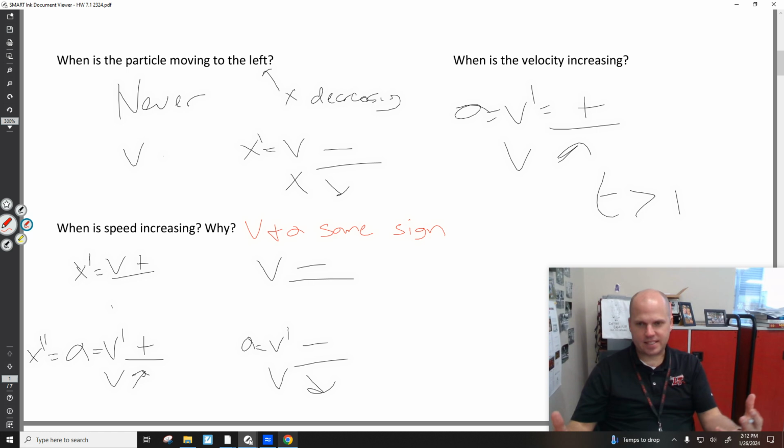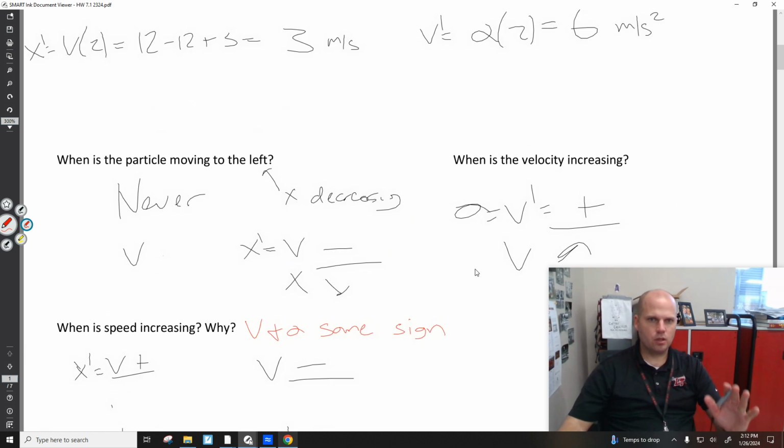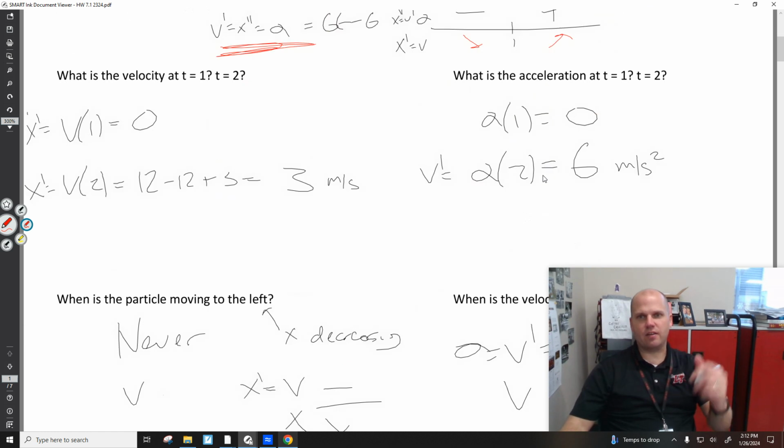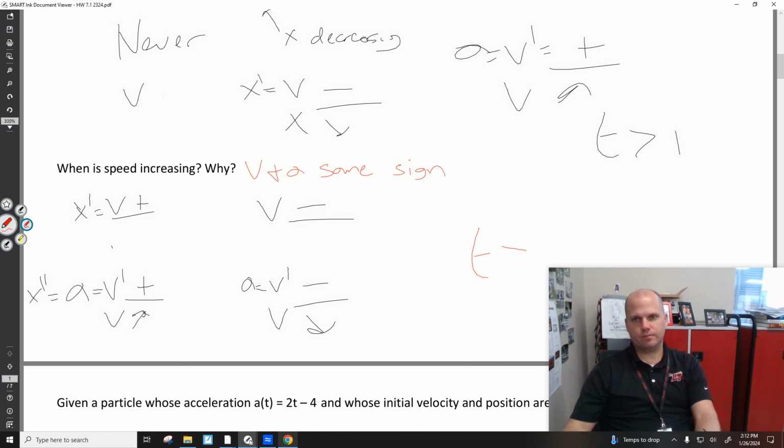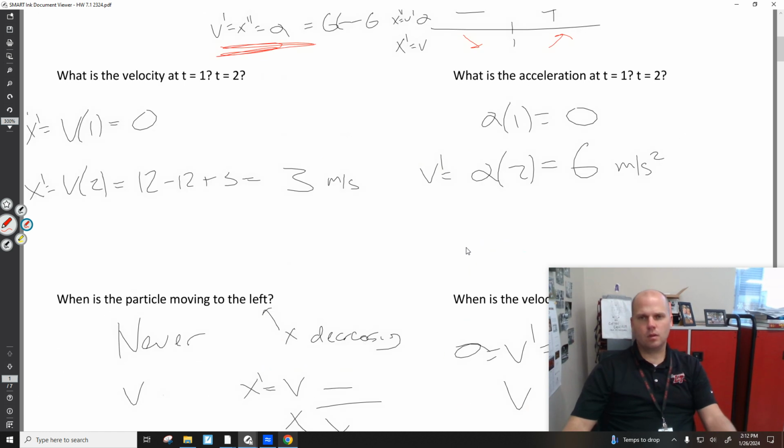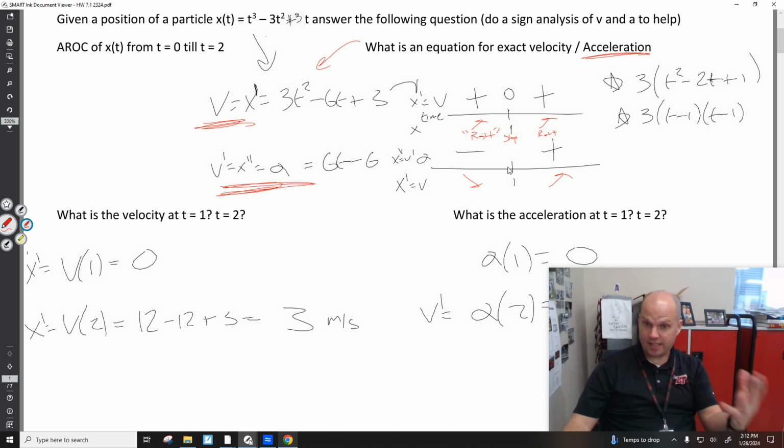That's it. It's that simple. You don't have to go into why V is X prime and why A is X double prime. Boom, we're just good. V and A have the same sign for values greater than 1. Here I'm slowing down until 1, I stop, and then I start speeding up after that, because I'm going to the right, slowing down, stop, going to the right after that.